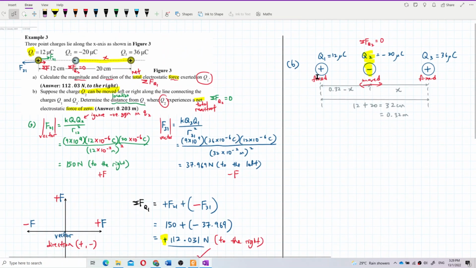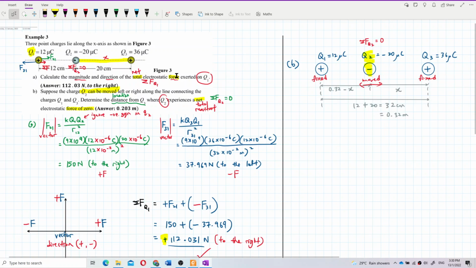Don't draw the force on other charges. Like just now, question A is forces on Q1, so you just draw the forces on Q1. But question B is talking about distance from Q3, not the force on Q3. So Q2 is our focus.